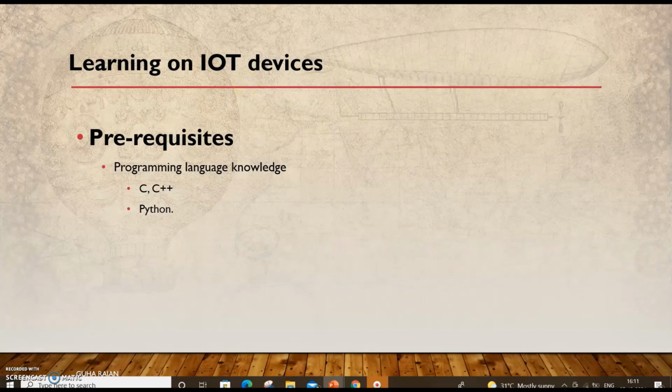Whereas in the olden days, say two decades back, when they were using microcontrollers, you needed to be strong on assembly language, which is a kind of low-level programming. Now you can have high-level programming knowledge of Python. You can use Python, C, or C++. So that's about the IoT devices.